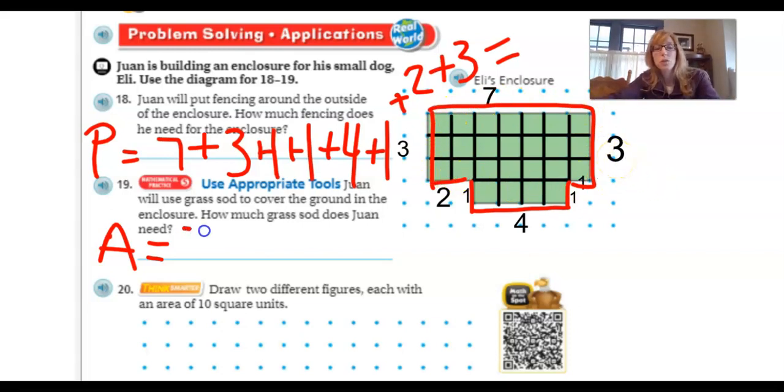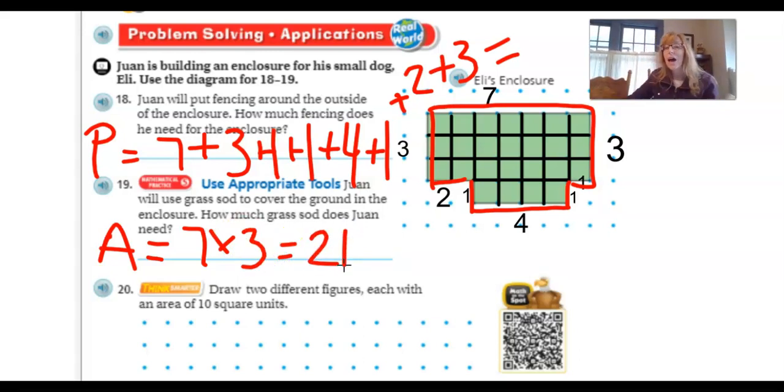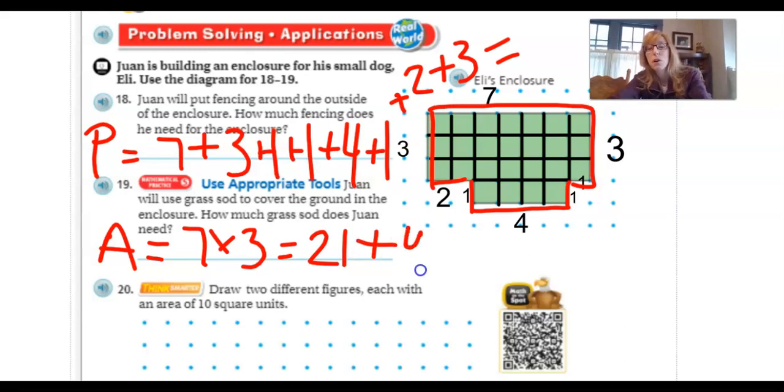And so you would do 7 times 3, and I'm sure many of you did that, and you got 21. And then you added 21, 22, 23, 24, and 25. And so your total, so you did the 24 plus that 4, and your area equaled 25 square units.